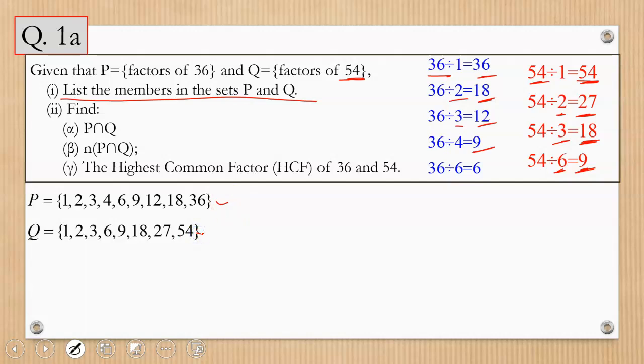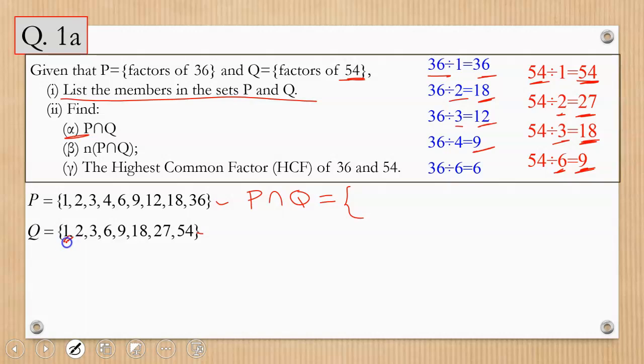Then Roman numeral 2, the first sub-question, says, find the P intersection Q. Now, P intersection Q simply means we are looking at elements that can be found in P and can be found in Q at the same time. That is the intersection.